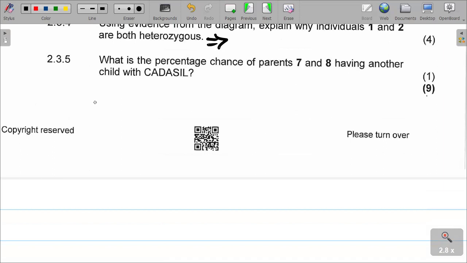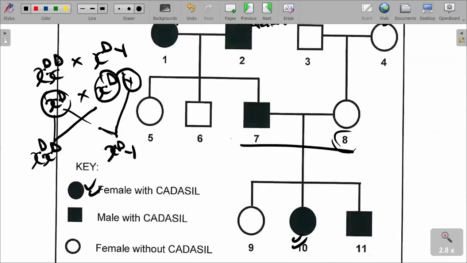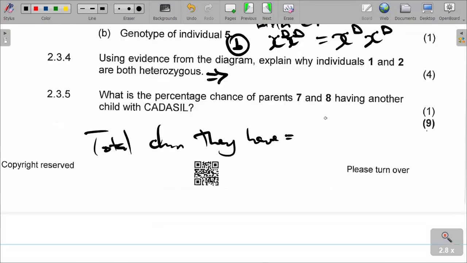Actually, total children they have is equals to, they have 7 and 8, they have got 3 children.